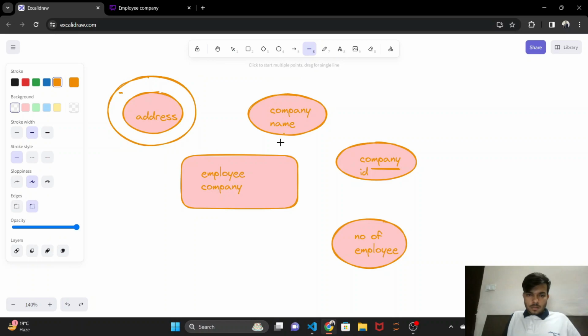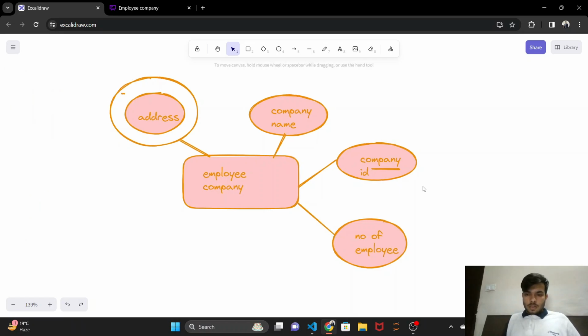We will be connecting these attributes with its main entity. So we are done with one of our entities.